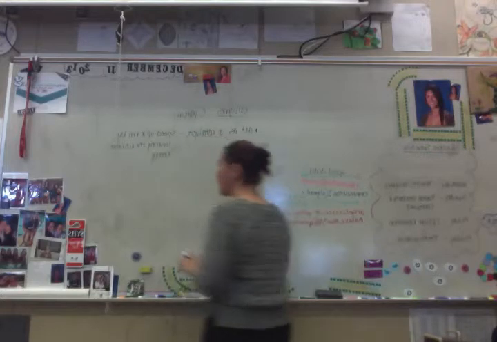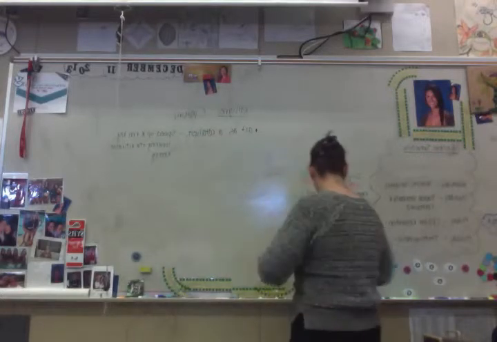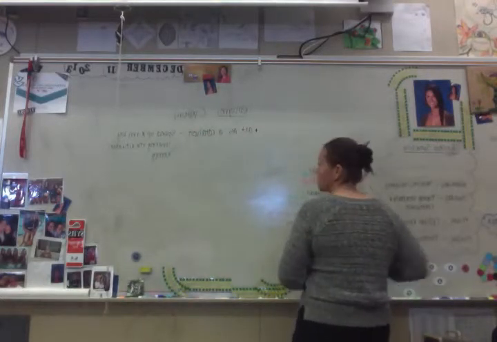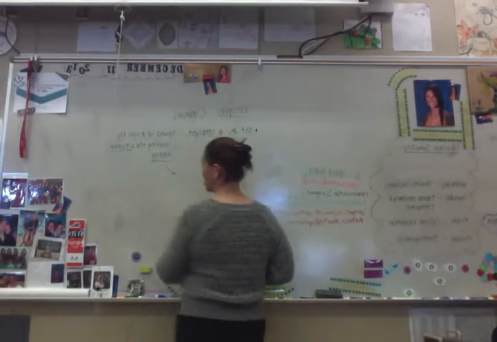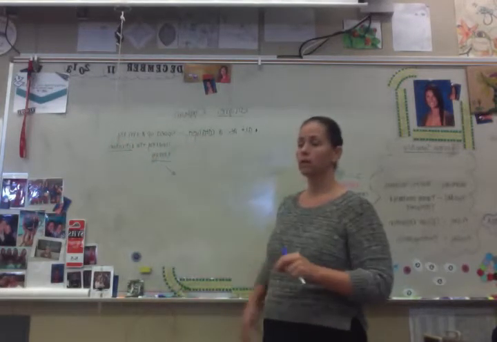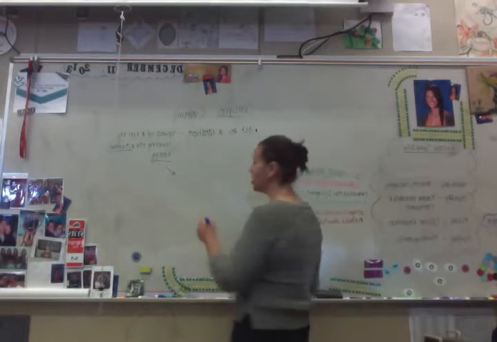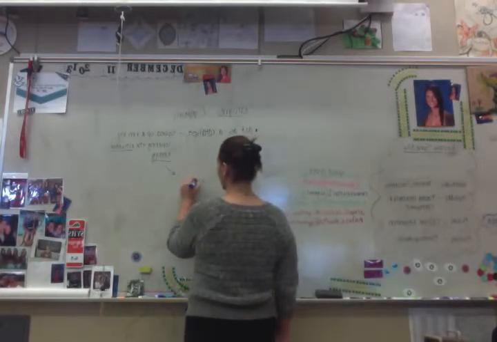All right, so since that word's there, let's talk about what activation energy is. How much energy is needed to get started? Yes, how much energy is needed to get the reaction started?